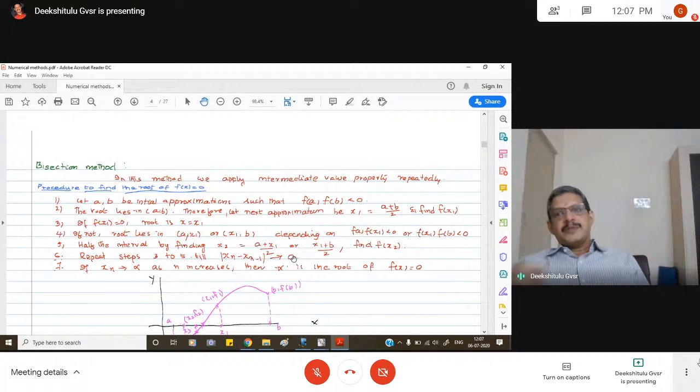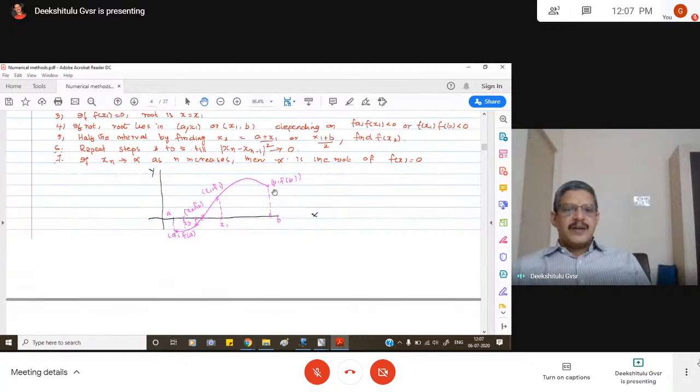We have to repeat the process till the new approximation, we are getting x1, x2, x3, the difference between two successive approximations must be very close to one another. Then we say that we stop the process. If xn goes to alpha as n increases, then alpha is the root of f(x) = 0.